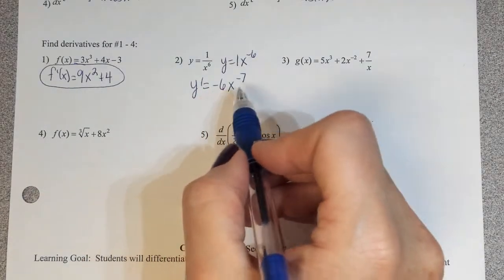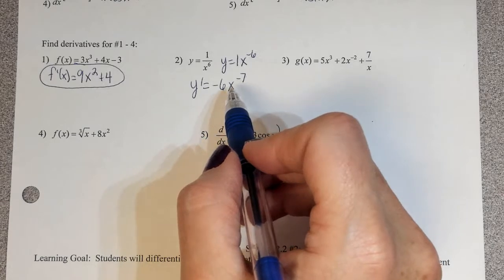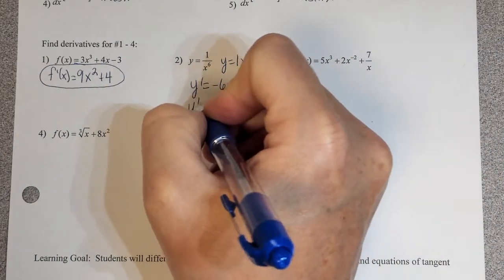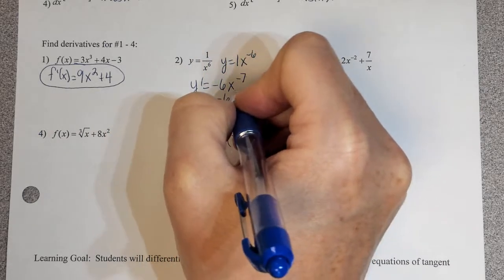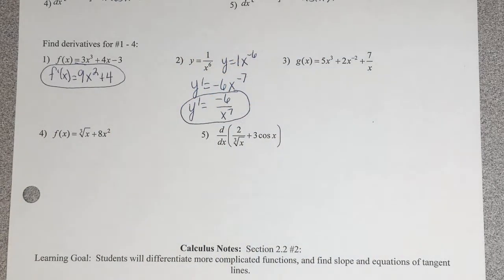But now I want to rewrite this so that I don't have any negative exponents. Remember, to have something simplified, we should not have negative exponents. So now I'm going to have y prime equals -6 over x to the 7th. And that's the derivative.